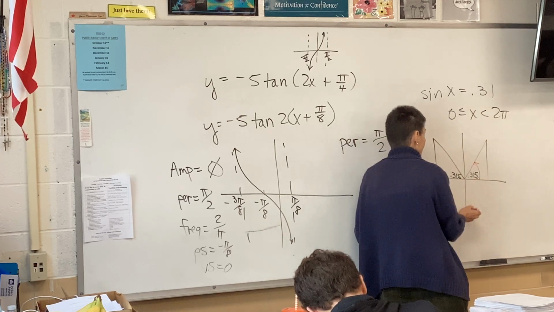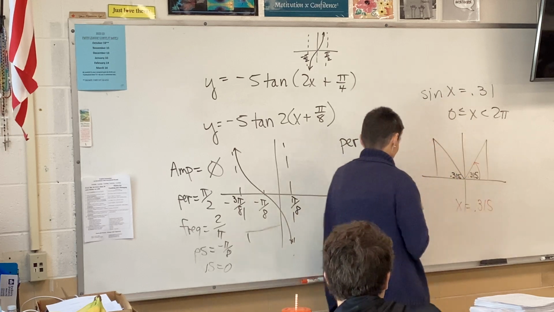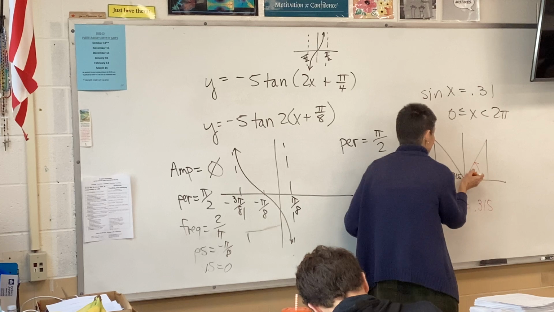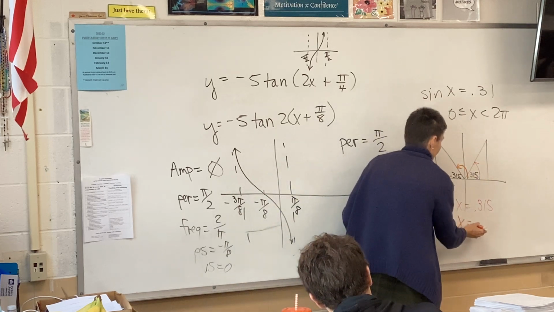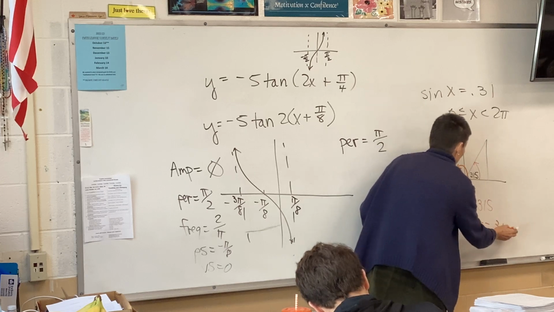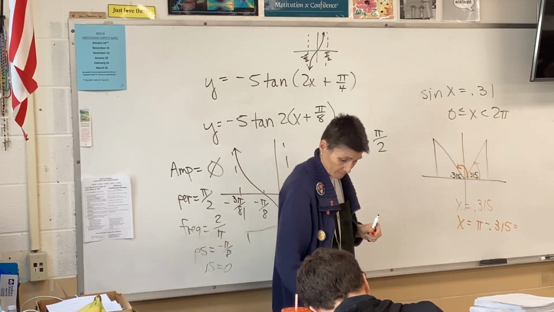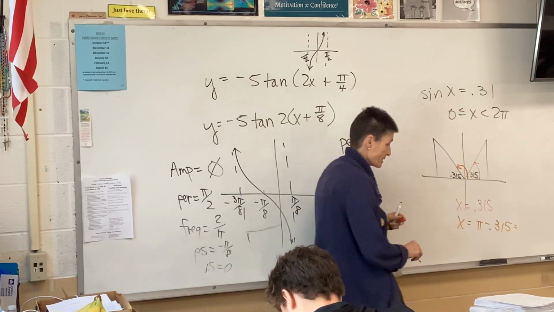So one of the angles is 0.315. What's the other one? How will you find the other one? Pi minus 0.315. Which is 2.826.